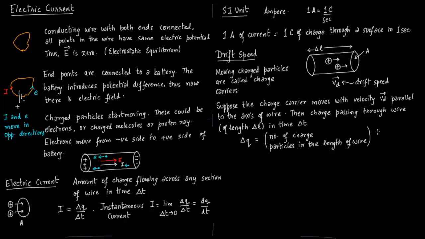So it is the total number of charged particles in the wire times the charge they carry. We assume this charge to be just the charge on an electron, the basic unit of charge as we discussed in the first chapter.